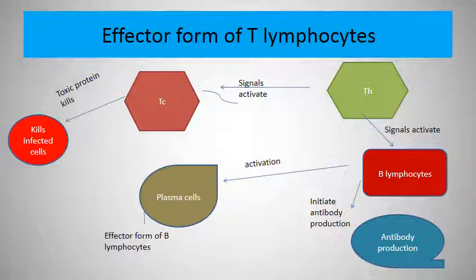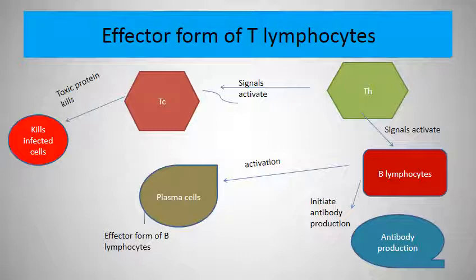So these helper T cells not only activate the cytotoxic T cells, but they can also activate the B lymphocytes, and these B lymphocytes can initiate antibody production. These antibodies are sent into the blood and lymph, and they can mark the antigen for inactivation and destruction.